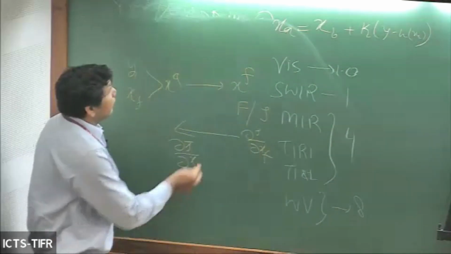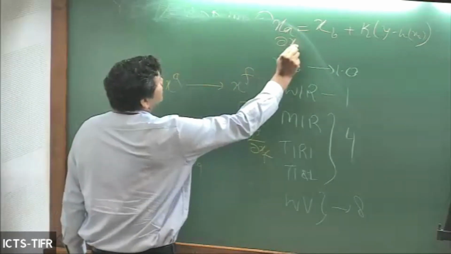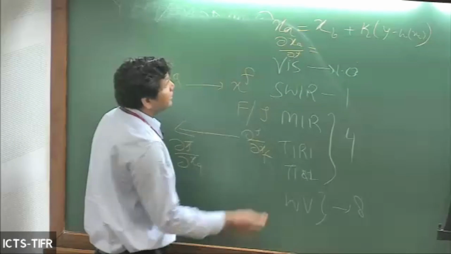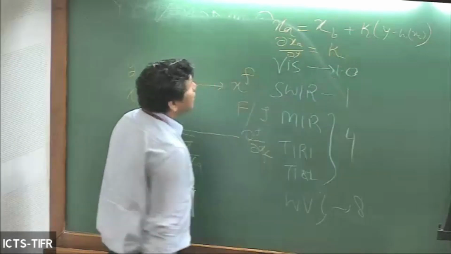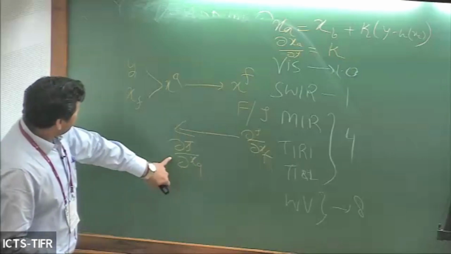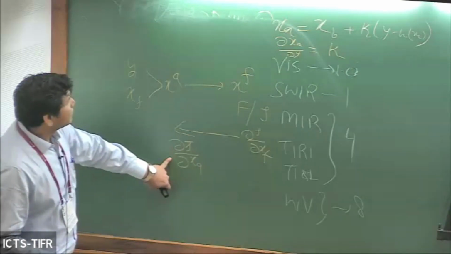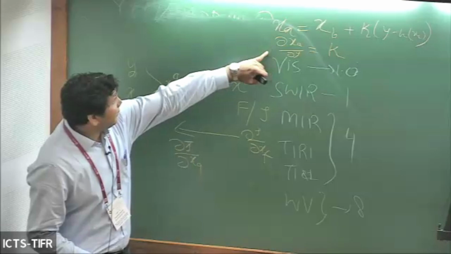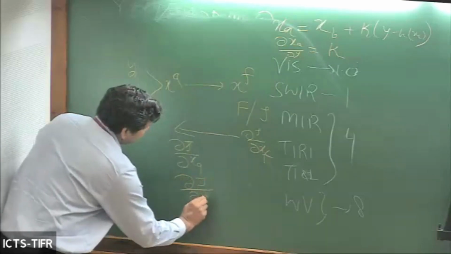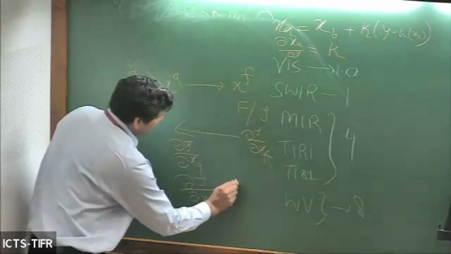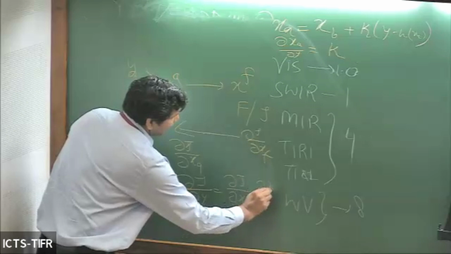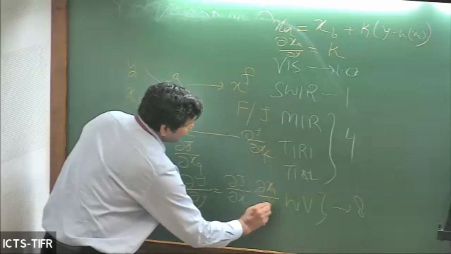Now from here you can find out that delta xa by delta y is equal to K. You know the value of delta J by delta xa, and you know the value of delta xa by delta y. So delta J by delta y is equal to delta J upon delta xa into delta xa upon delta y.